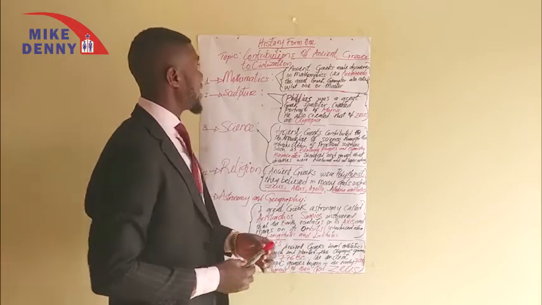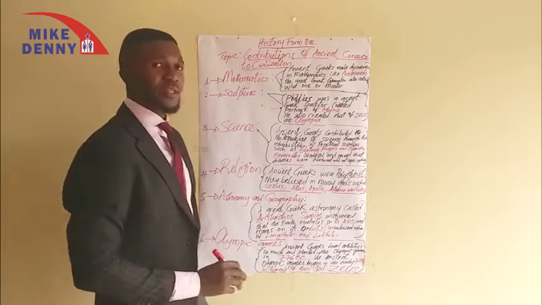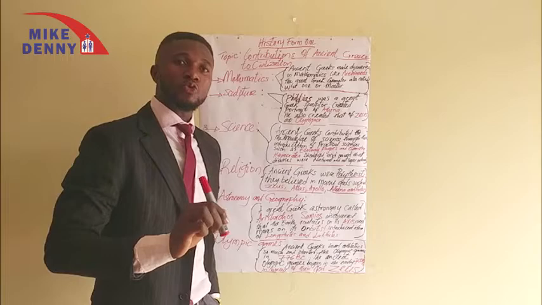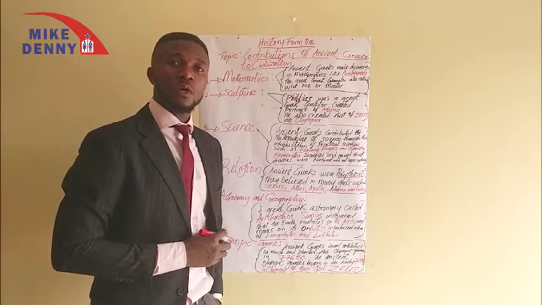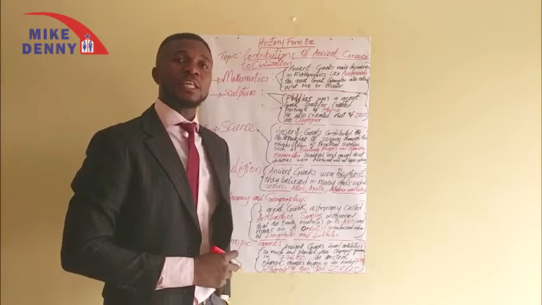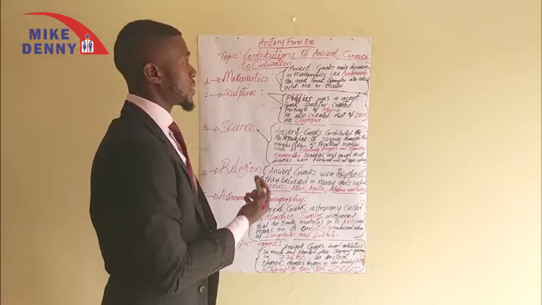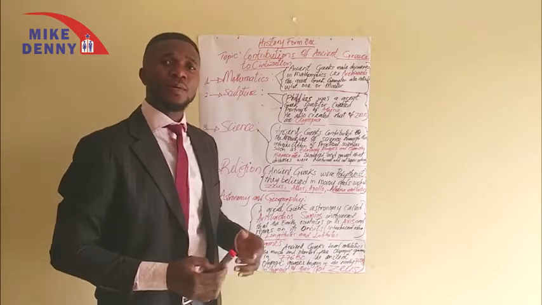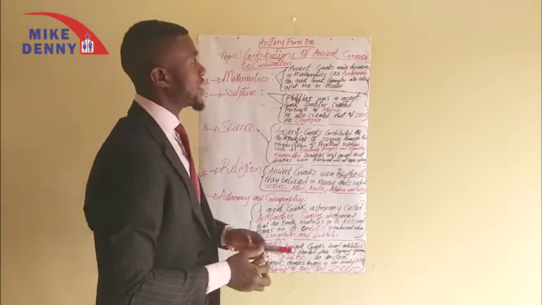First of all is the introduction of mathematics, which is used worldwide today in different schools, and in our daily interactions. They came up with mathematics, and they had a great mathematician or geometer known as Archimedes.